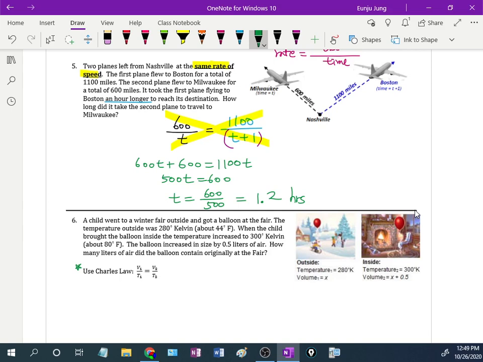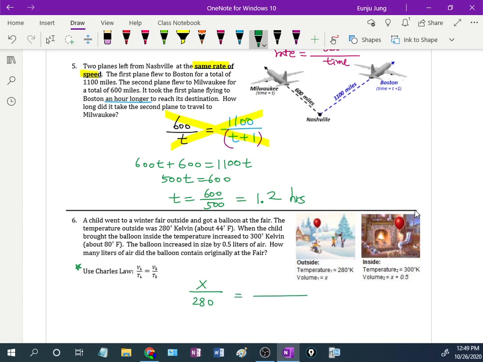The formula says the ratios are the same, okay? So here in the drawing we have outside 280 degrees Kelvin. We use that as a number, so 280 in the denominator for the temperature, and V stands for the volume, so we have X volume, so we start with the left hand side like that from this quantity.